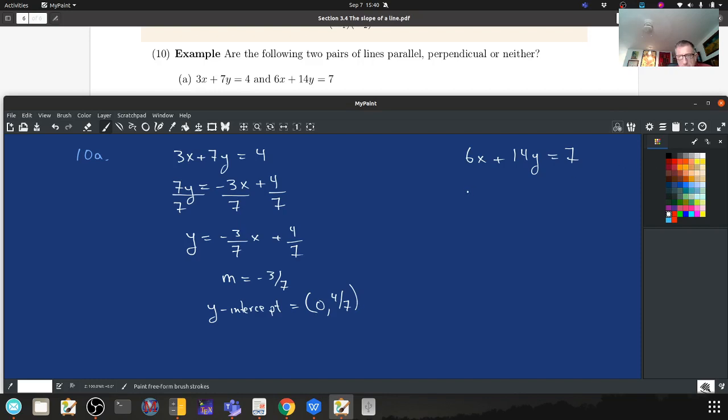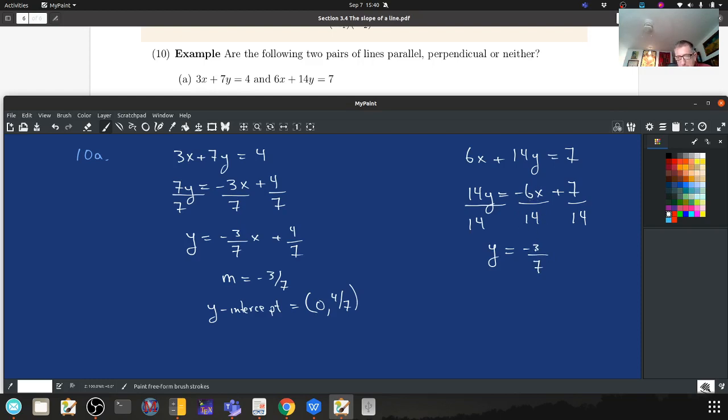Let's do the same thing over here. I'm going to solve for y. I'm going to move the 6x to the other side. It becomes minus 6x. I'm going to scoot 7 over. Then I'm going to divide both sides by 14. So that gives me y is equal to minus 6x divided by 14. I'm going to simplify that to minus 3 sevenths because I can cancel out a 2 in each of those factors.